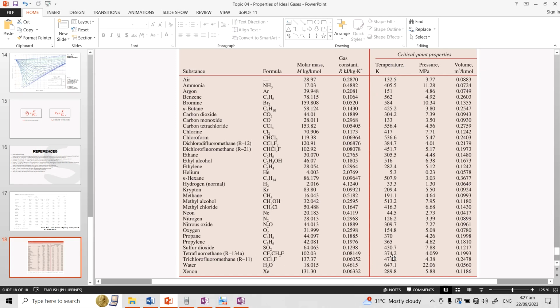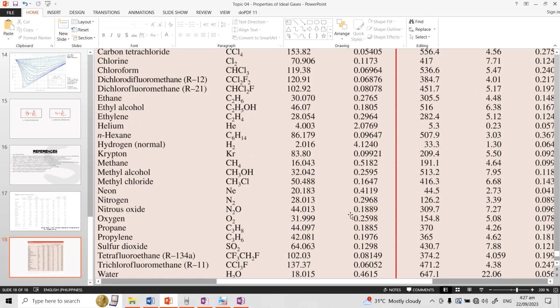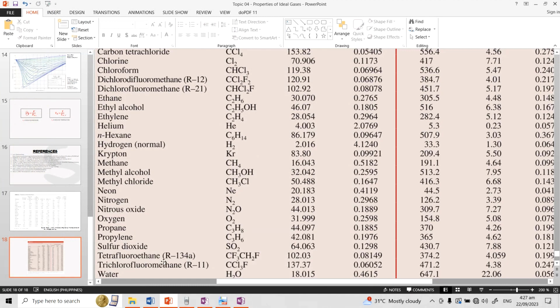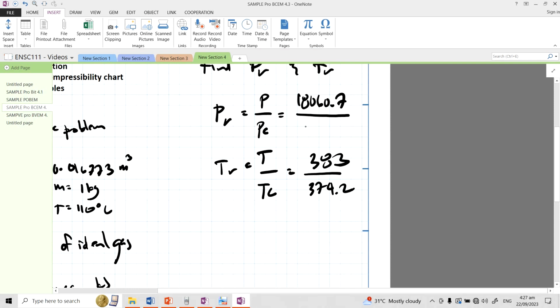We have 374.2, and the critical pressure is 4.059.